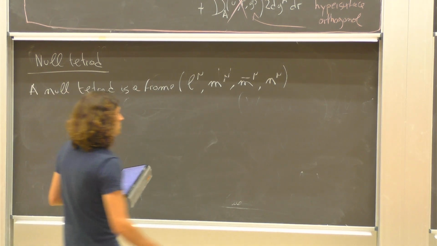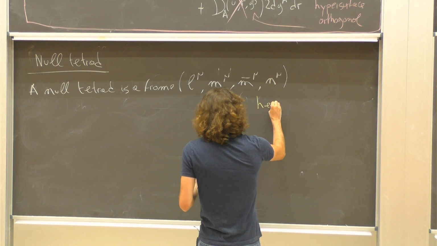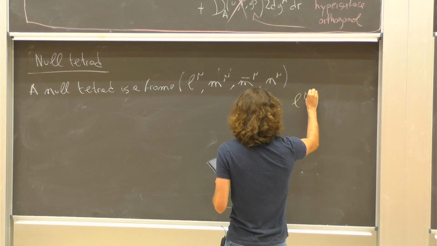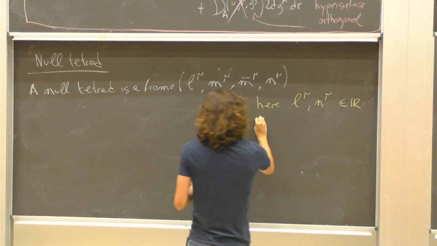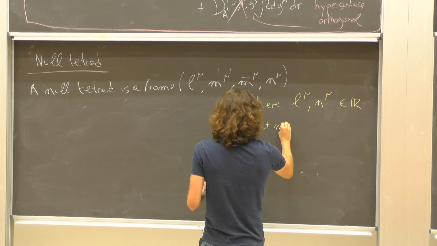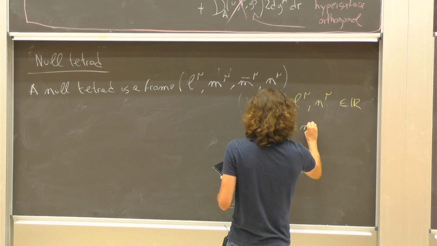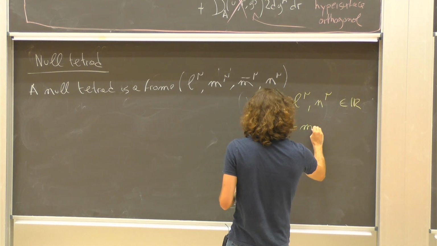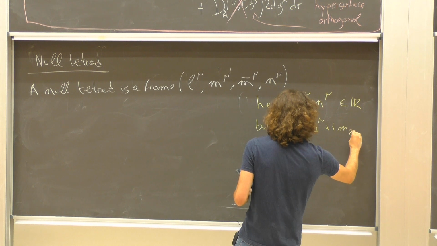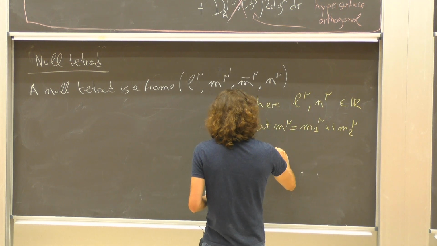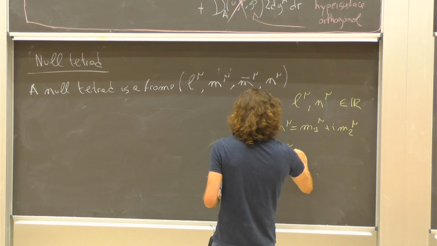Here, L^μ and N^μ are real, but M^μ I'm going to write as M1^μ plus i M2^μ, and M bar as the complex conjugate.